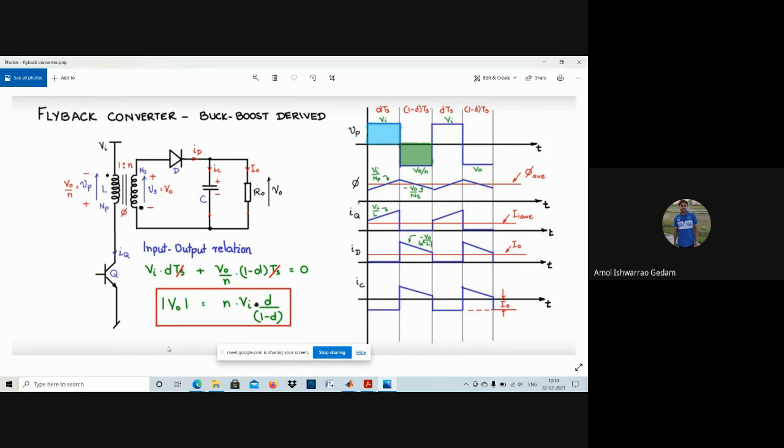So the output voltage will be N times Vi into D by (1 minus D). So the voltage gain V naught by Vi, meaning output by input, will be N times D by (1 minus D). Okay.